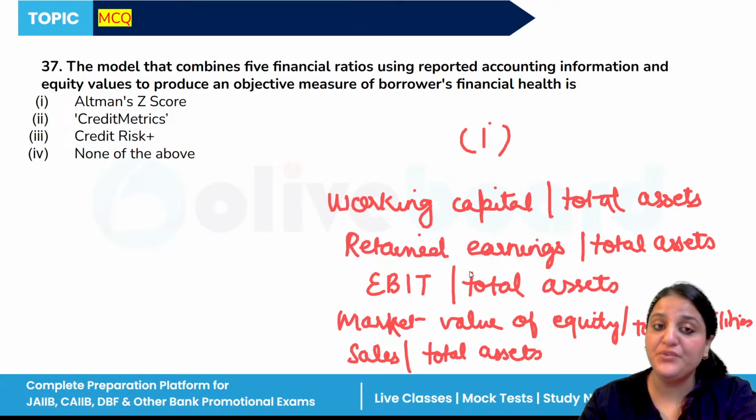So it produces a numerical measure of bankruptcy risk.